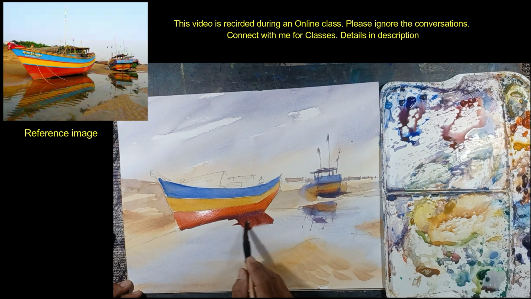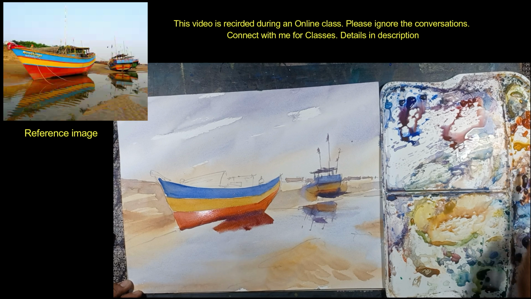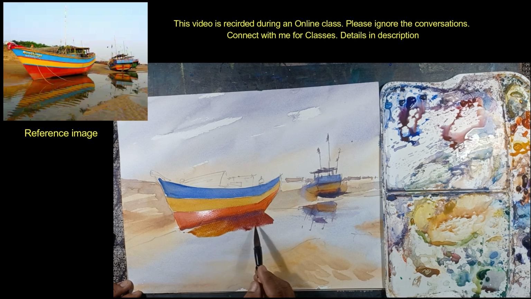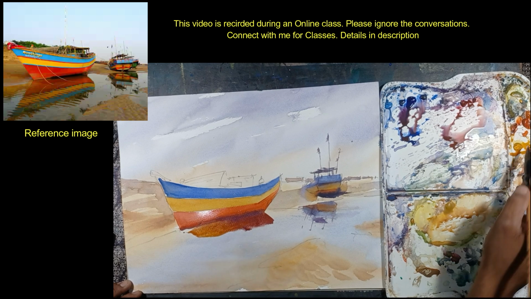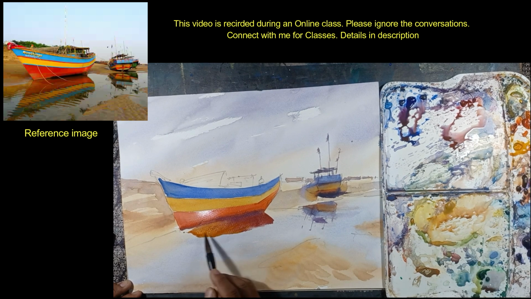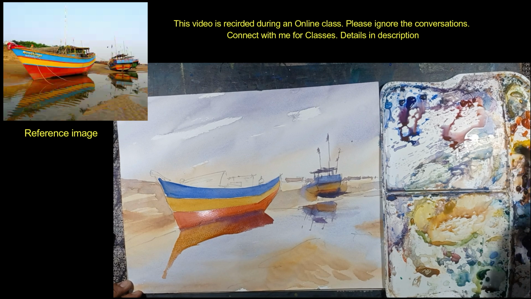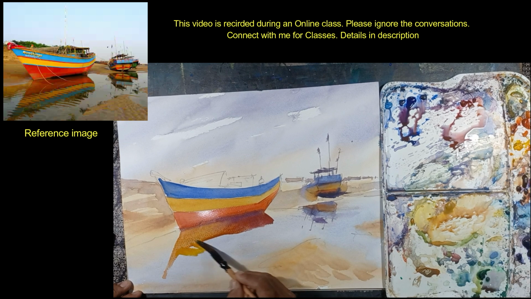Got it? Then from the middle, I am using a little yellow, because if you see, the reflection is a little yellowish in nature. Can you see that? The reflection is not that concentrated, it is a little yellowish.